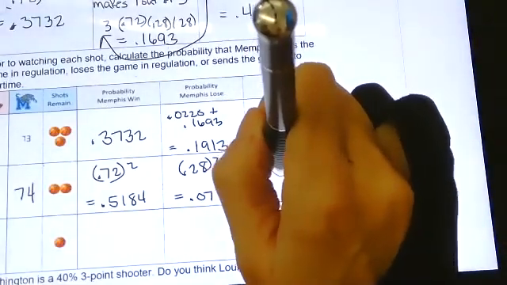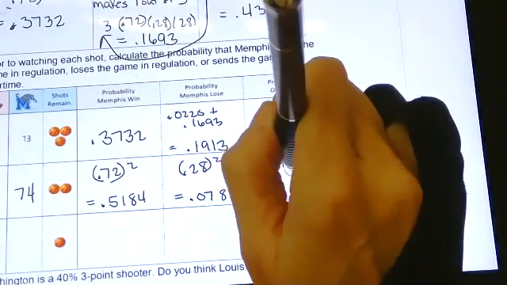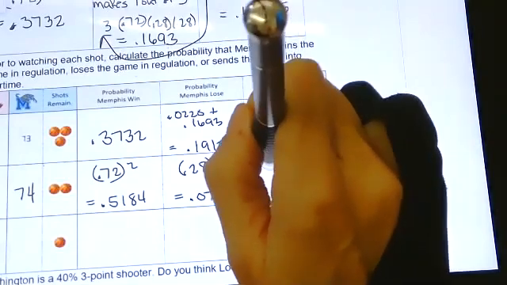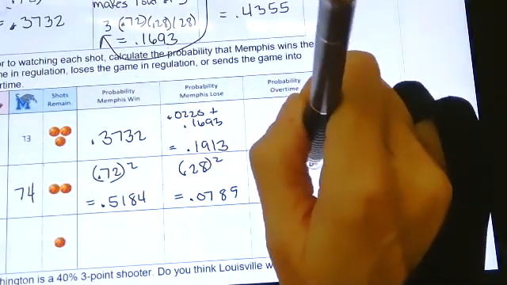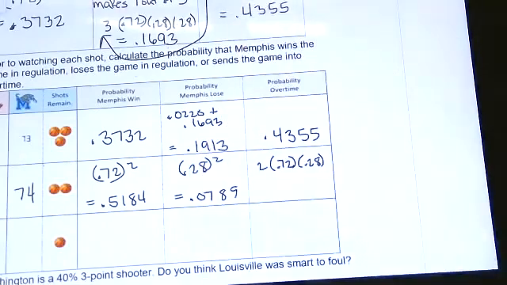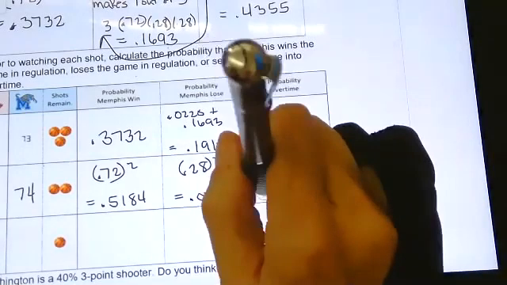So either he makes the first shot or he makes the second shot, but he has to make 1 shot and miss 1 shot. And there's 2 ways for that to happen: make, miss, or miss, make. So if he's got to make 1 out of those 2 shots, there's only 2 ways that can happen.